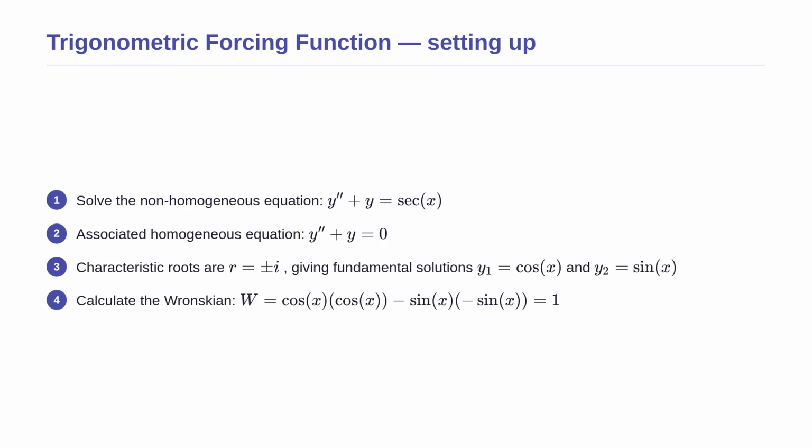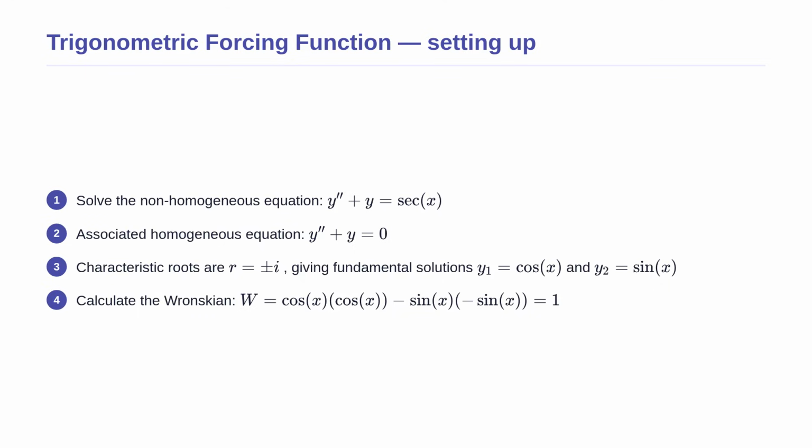Now that we have seen the formula and its visual meaning, let us apply it to a real problem. We want to solve a differential equation where the forcing function is the secant of x. Simpler guessing methods completely fail here. We are given y'' + y = sec x. Our first step is to find the homogeneous solution by setting the right side to 0.